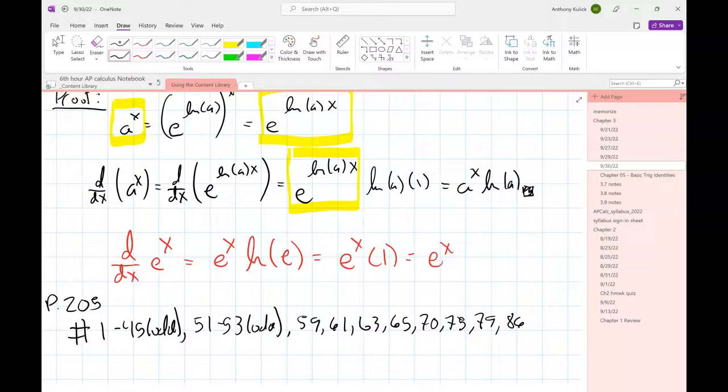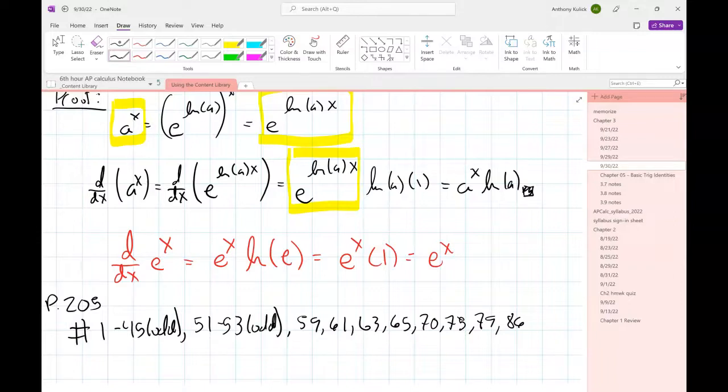Well, the 1 through 45 odds, most of those are single chain rule problems that should be pretty quick. Okay. So 53. Yes. Just 51 and 53 basically, right?